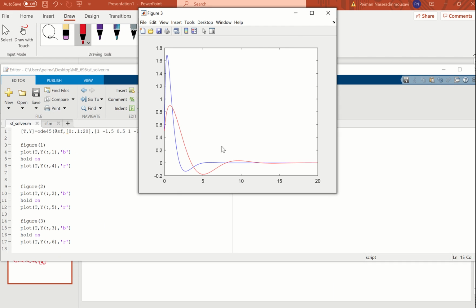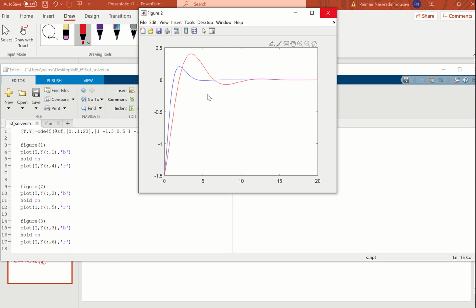Yep. Okay, so blue is for the control system and goes to the origin much faster. That's right. This is for X3. And the red is for our uncontrolled system. You see that it takes 15 seconds. Understand? So we modify the transient response of the system.